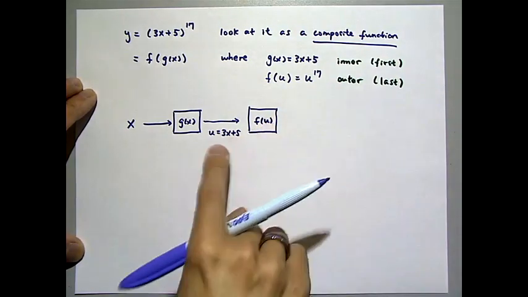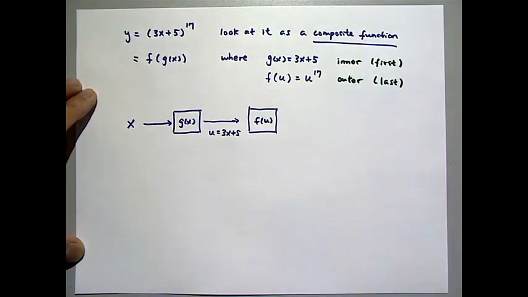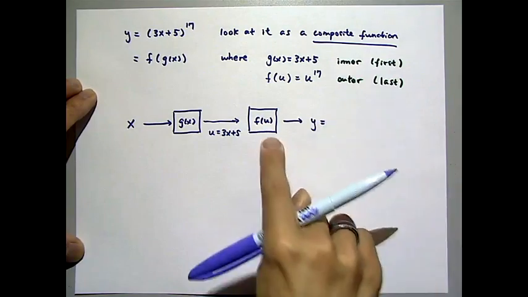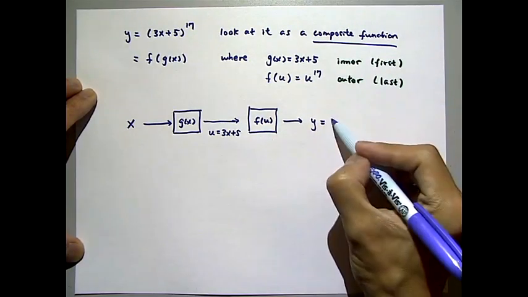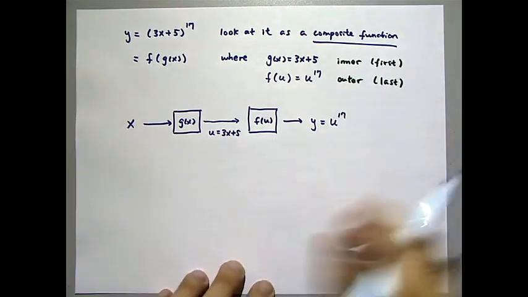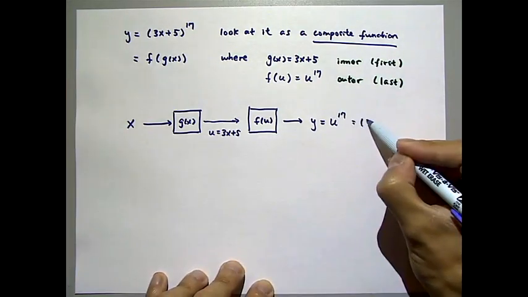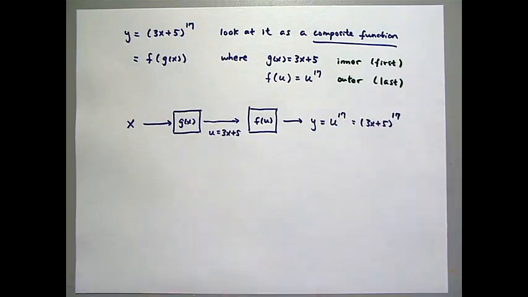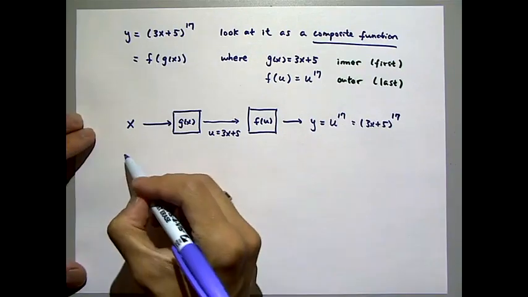The function f is going to see whatever comes in, operate on that, and what it does is it just raises whatever comes in to the power of 17. So that's where we eventually get 3x plus 5 to the 17th power. Okay, now finding the derivative, looking at this thing here is going to give us some clue on how to find the derivative.